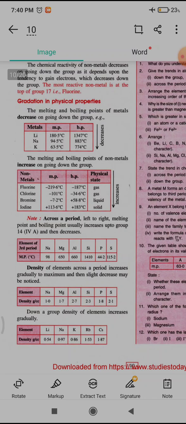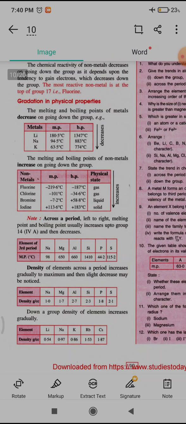So the melting and boiling points of metals decrease on going down the group. Here the melting and boiling points of lithium, sodium and potassium are given, and they are decreasing if you see the values.